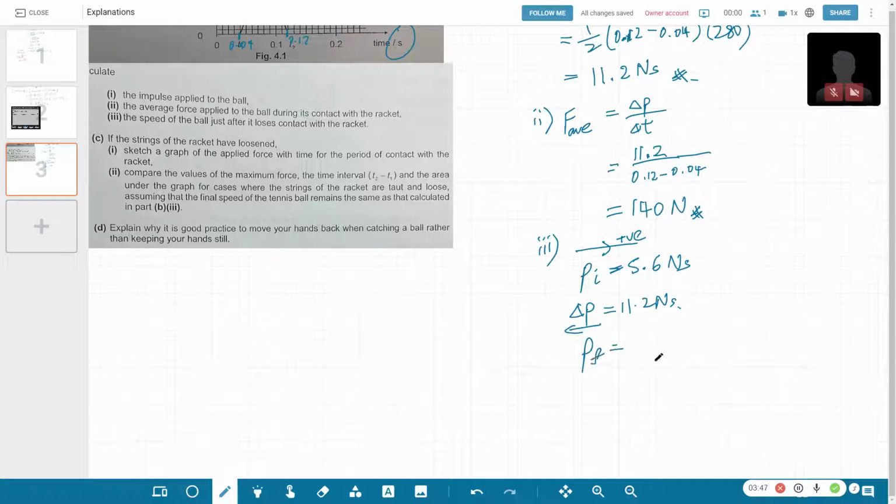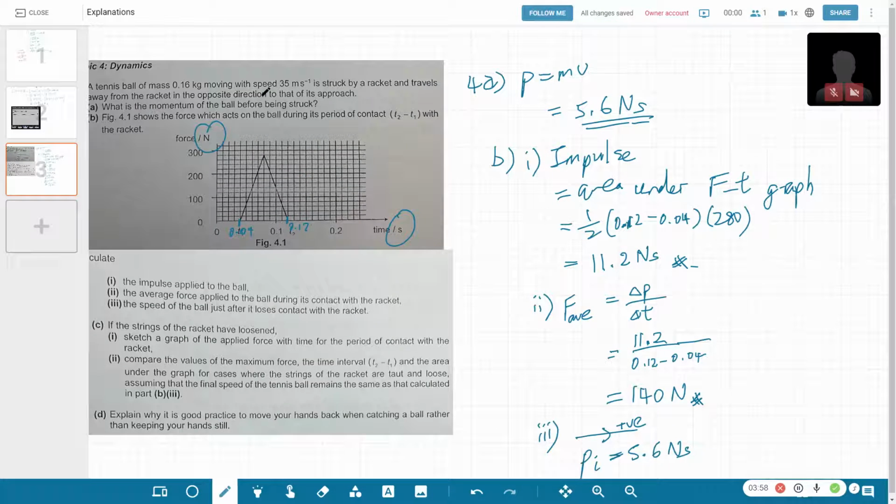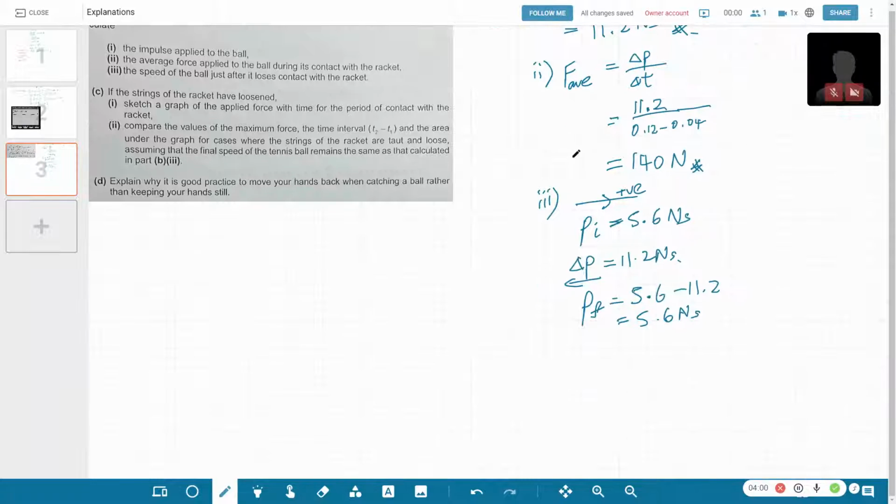So the final momentum will still be 5.6 newton seconds, leftwards. The final speed is 5.6 divided by 0.16, so you will still get 35 meters per second, but this time the velocity is leftward, so it bounces off. Okay, so that is the answer.